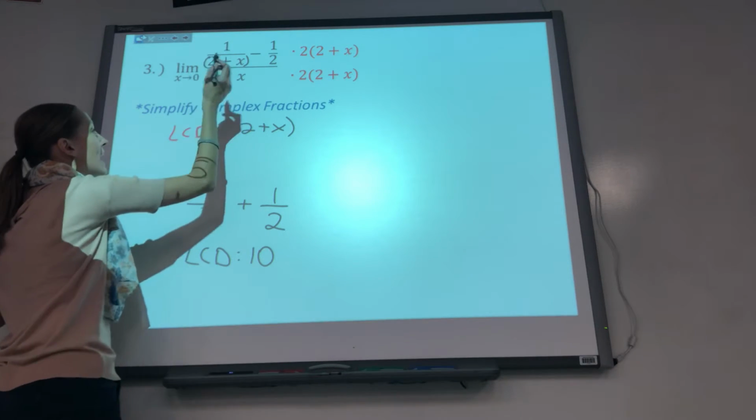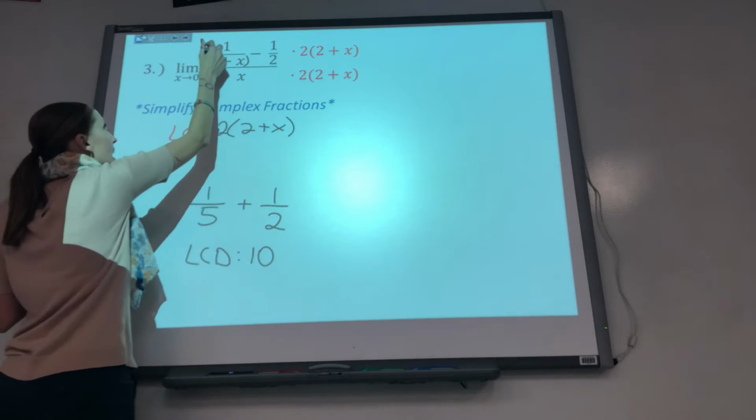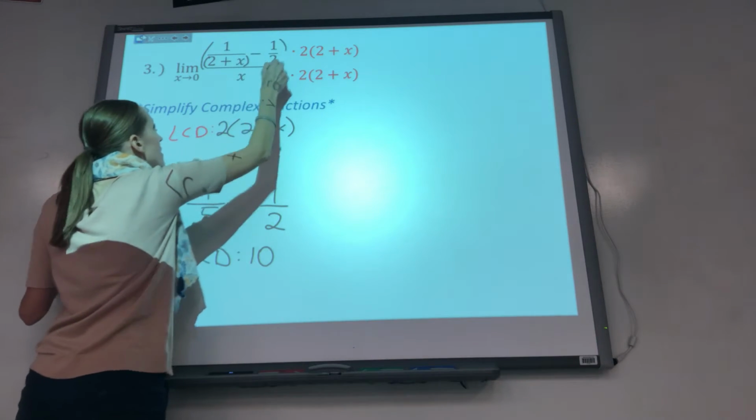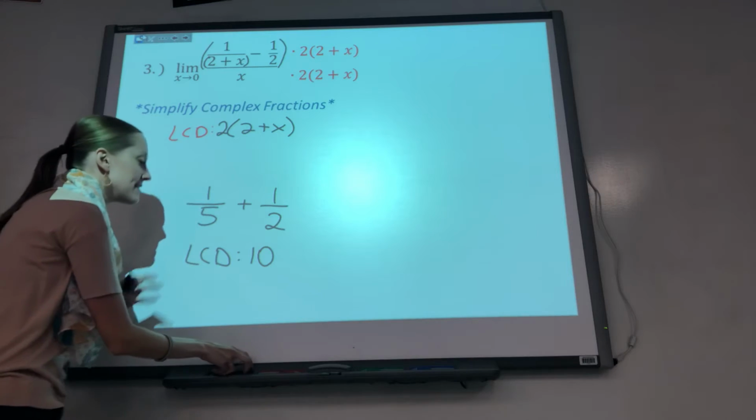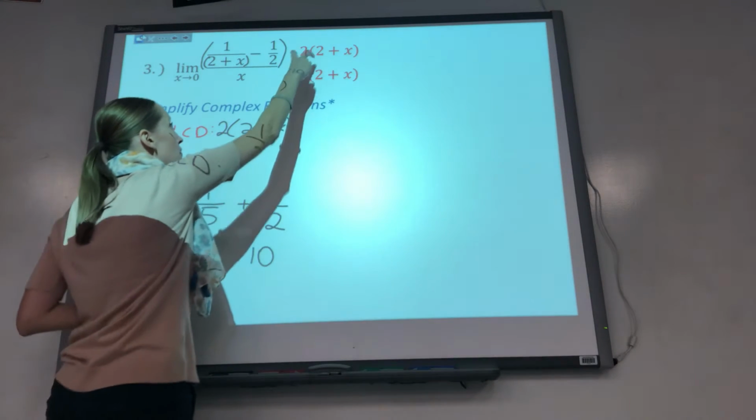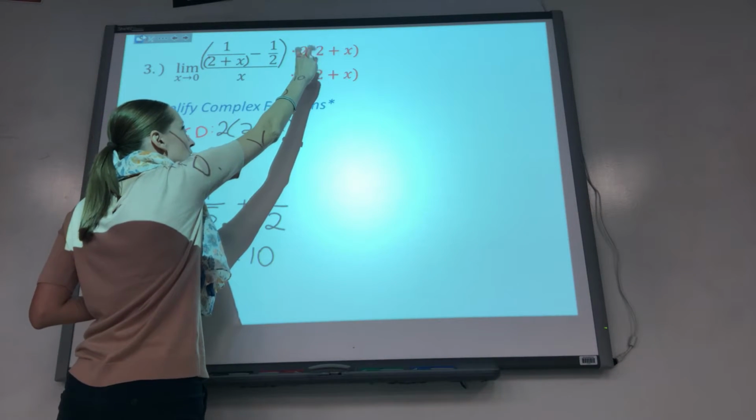I'm big on parentheses, I guess, but I like to think of that numerator as a quantity. It's actually like another binomial. And technically, this is just a single term.